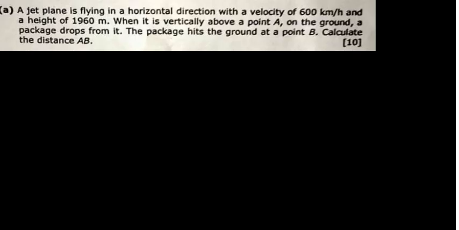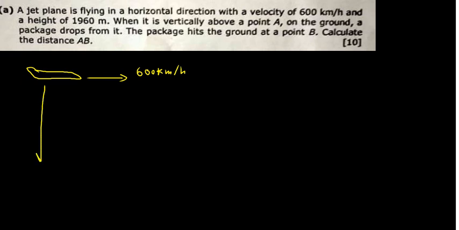Let's consider this one. A jet plane is flying in a horizontal direction at a velocity of 600 kilometers per hour at a height of 1960 meters.